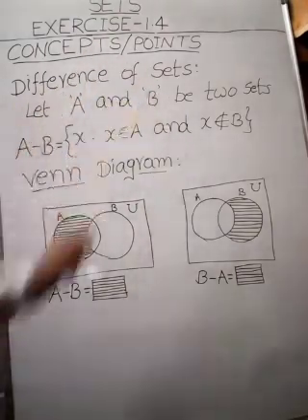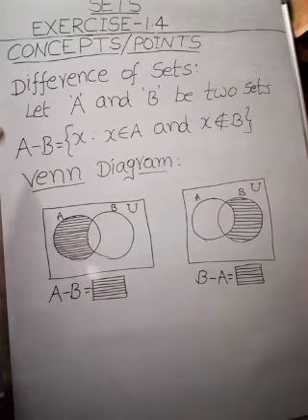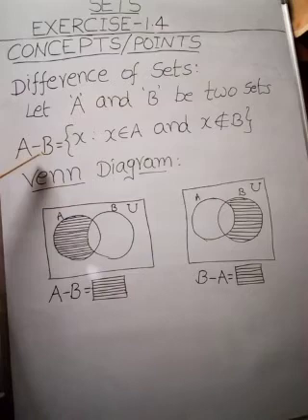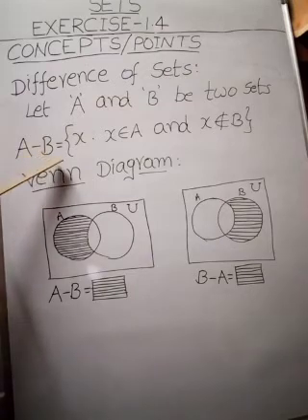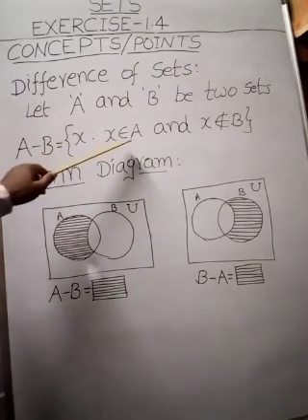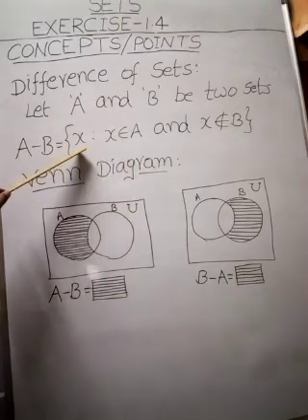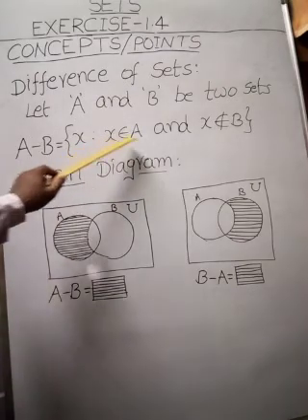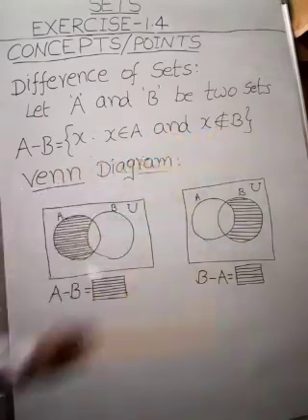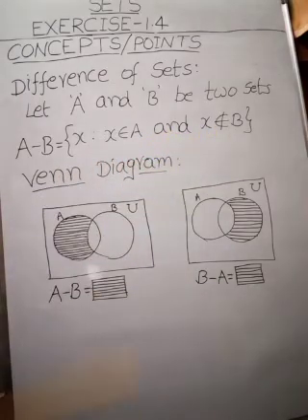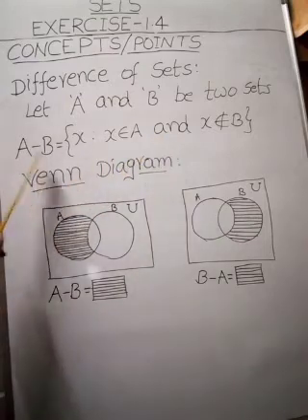Suppose A and B are any two sets, then A minus B is the set of all elements which belongs to A but not to B, and we write A minus B. This is a difference of two sets A and B. In the set builder form, we define like this: set of all x such that x belongs to A and x does not belong to B. This is the set builder form of A minus B.